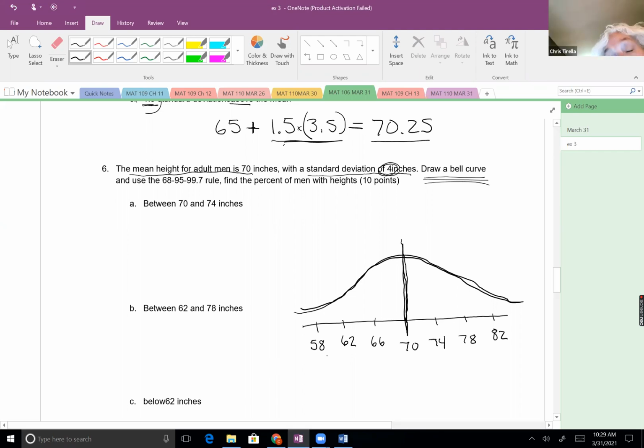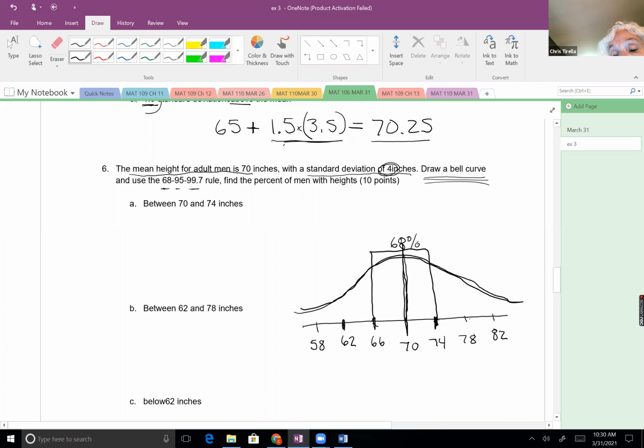With this graph, we're always going 3 on either side. And the reason that I know I'm going 3 on either side is because remember, we're going to be using that 68, 95, 99.7 rule. So we need 3 on either side because there are 3 values we're going to divvy it up by. Using that rule, we're going to first go 1 above, 1 below, and we'll connect them with a box that we'll label with our 68%.